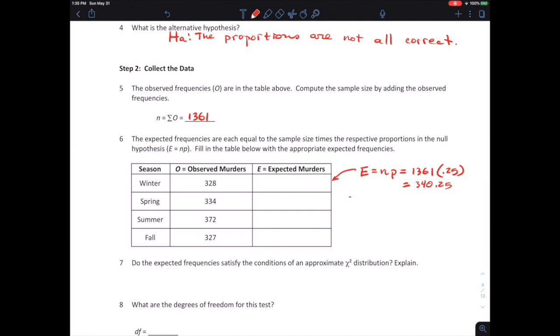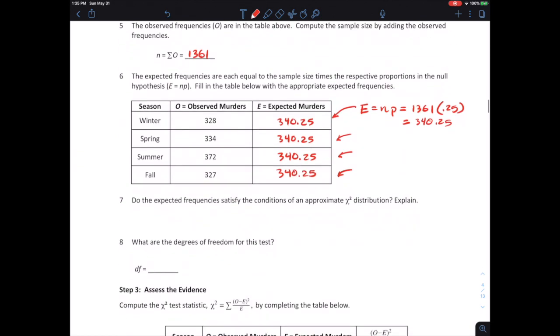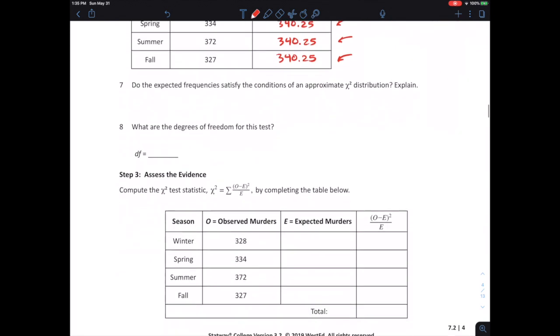Okay, and it's the same for each of these because they all have a 25% hypothetical proportion. Just like that. Okay, any questions? Let me know during the office hour or your break.